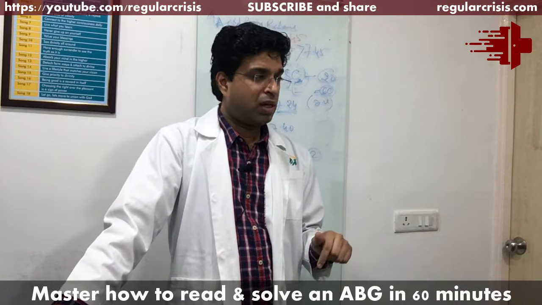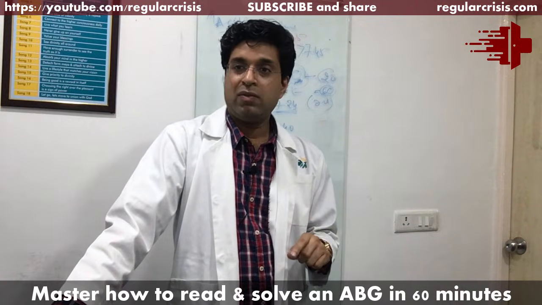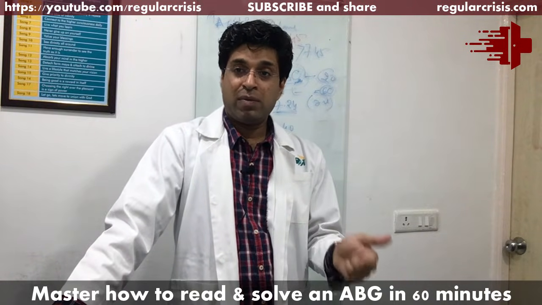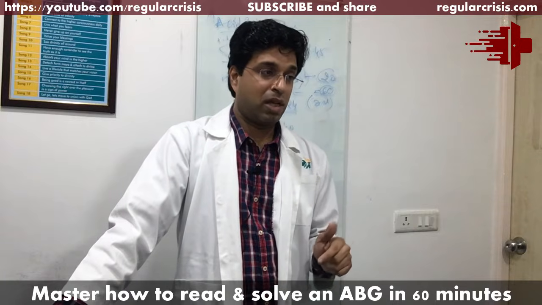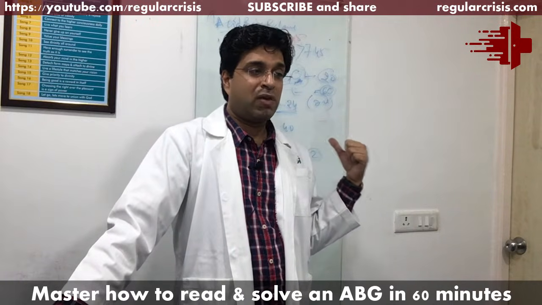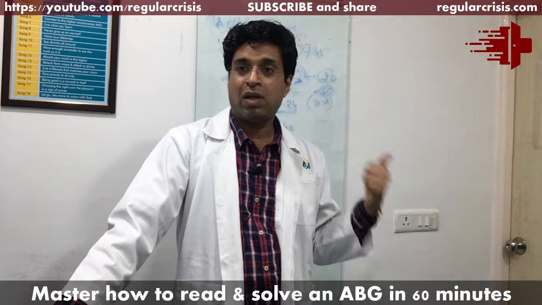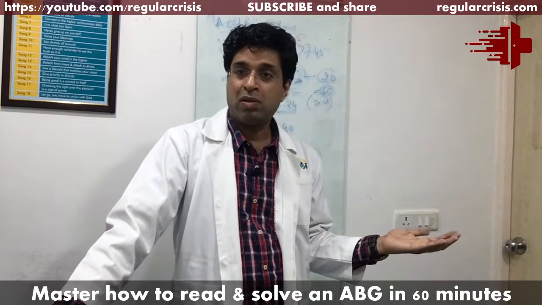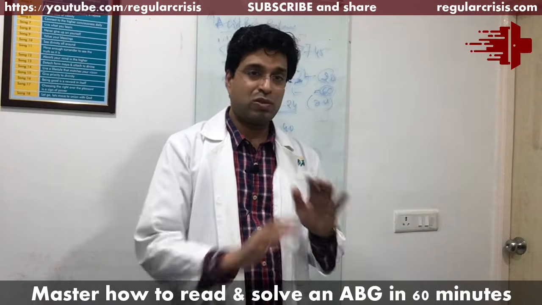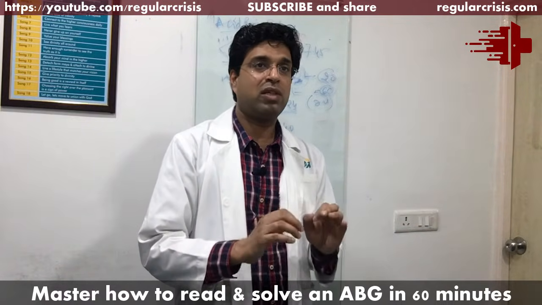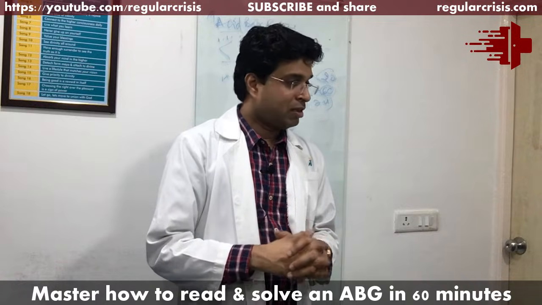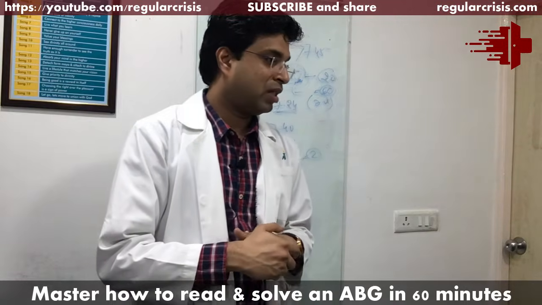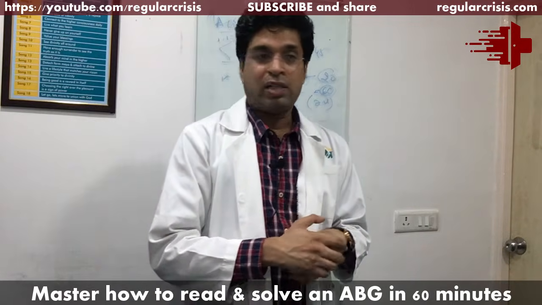And about 1 week later, we'll take a class on interpreting the ABG in the context of a clinical case scenario: why this metabolic acidosis is there, why HAGMA is there, whether it's diabetic, alcoholic or starvation, why respiratory acidosis is there, whether it is myasthenia, GBS, or those things. So today's session was absolutely basic on reading an ABG, and in coming sessions we'll see how to interpret. We'll have short sessions on practicing ABG live. Okay? I think we can stop here.